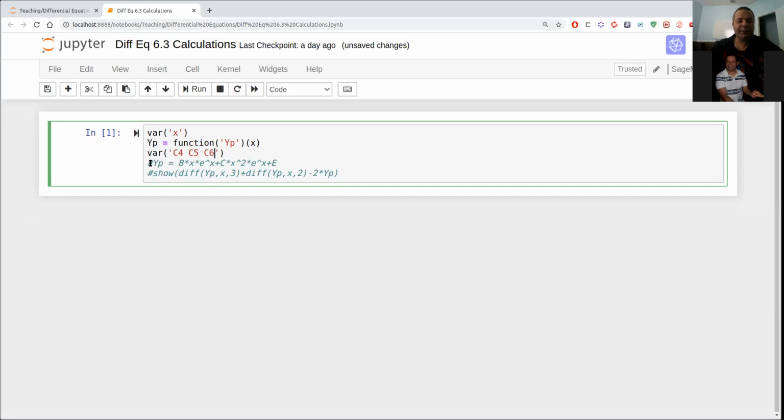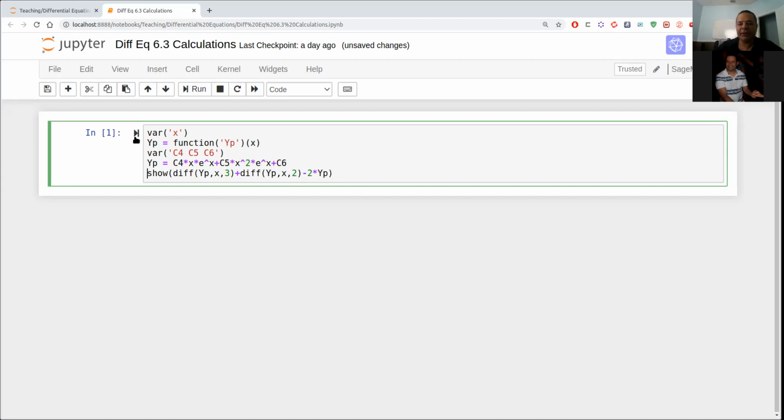Then my yp is going to be C4 x e to the x plus C5 times x squared e to the x plus C6. And now I'm going to take yp triple prime plus yp double prime minus 2yp.